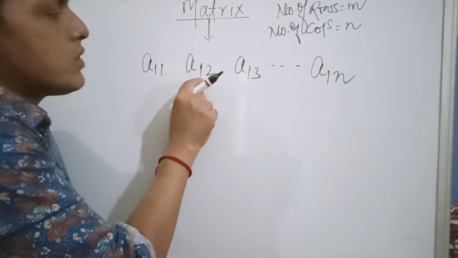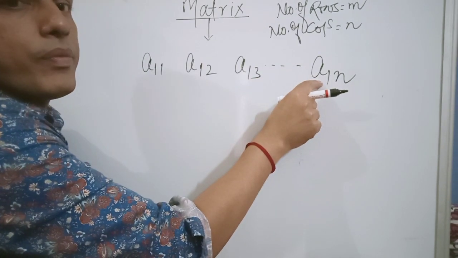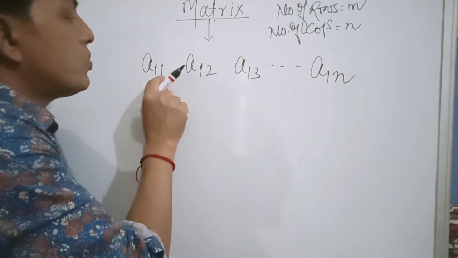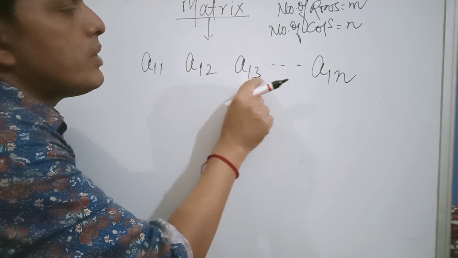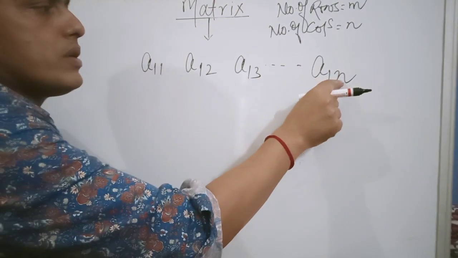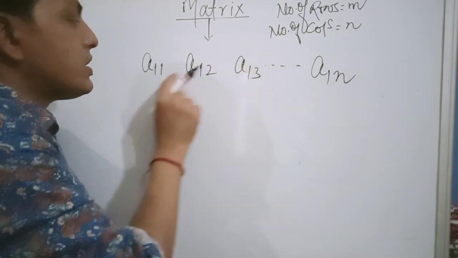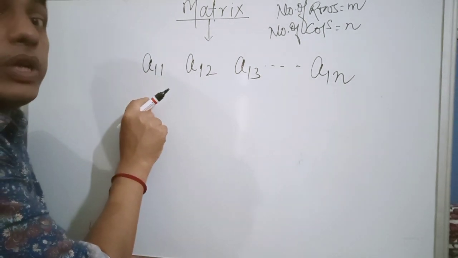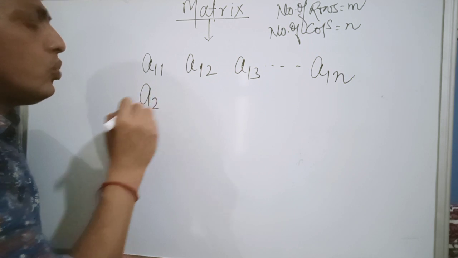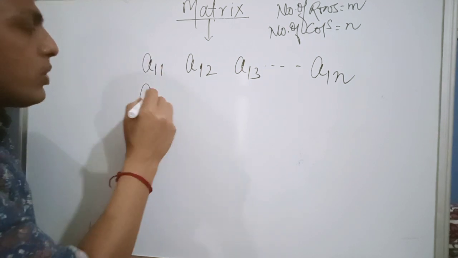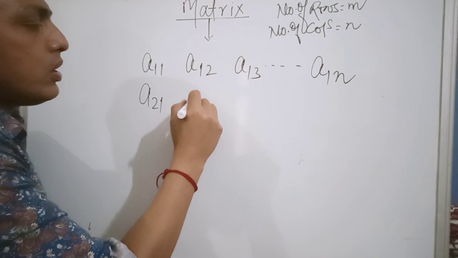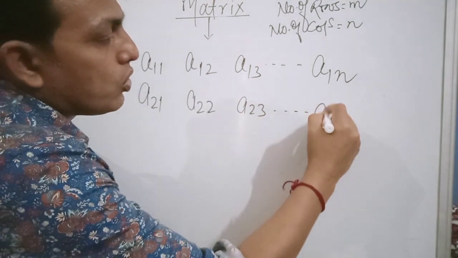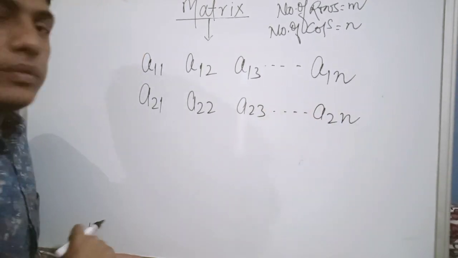The second suffix represents the column. So this is the last column, that is n. This is the first column, that is 1. Now this is the beginning of the second row: 2 1, 2 2, 2 3 and so on, 2n.